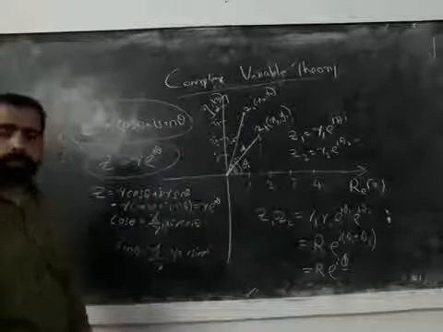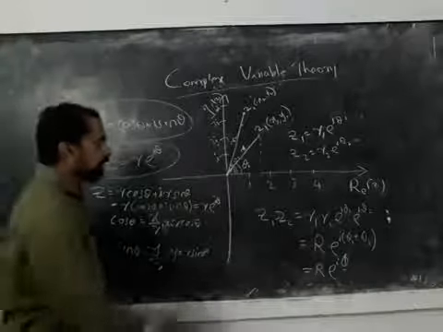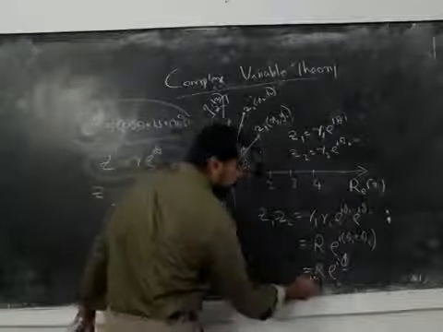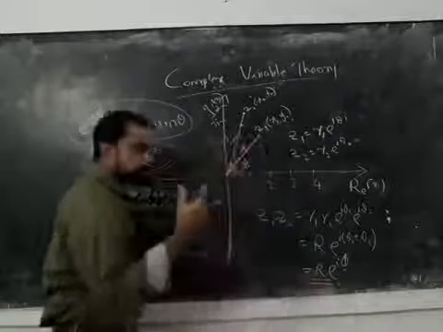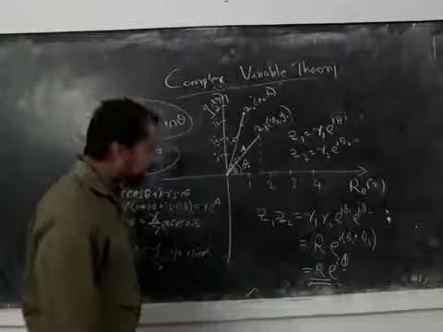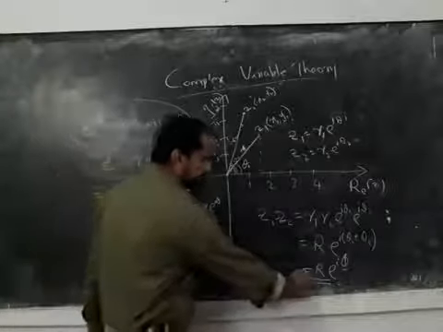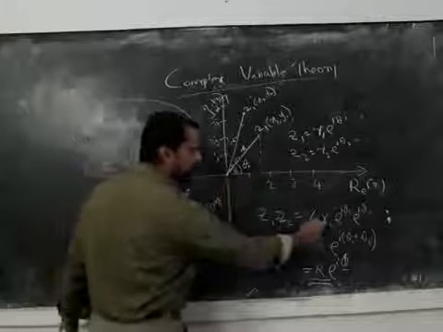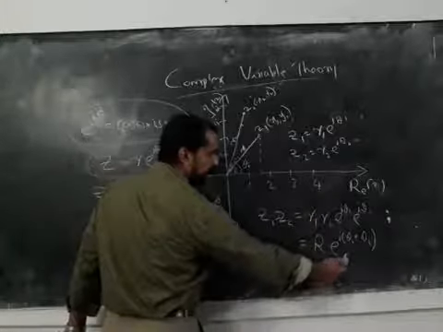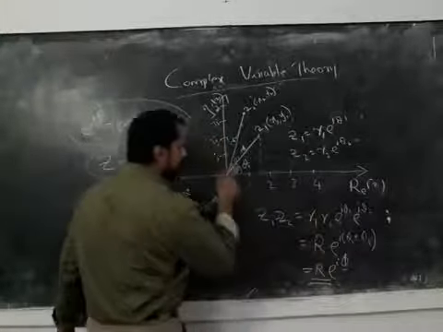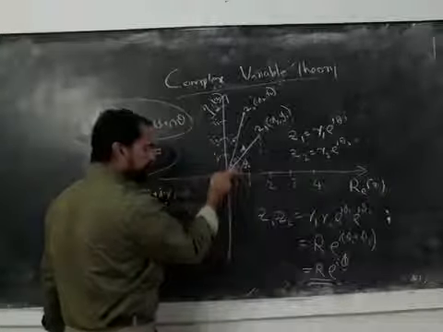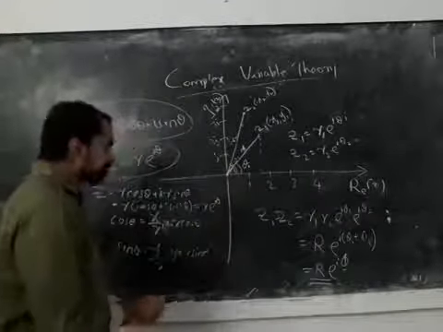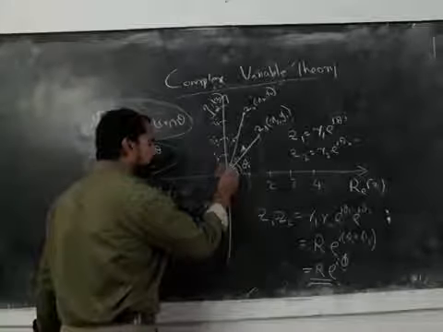So where will this point be? You have to get the amplitude r as r1 into r2, and the angle is phi, which is theta 1 plus theta 2. This angle plus this angle, so it will come somewhere here.